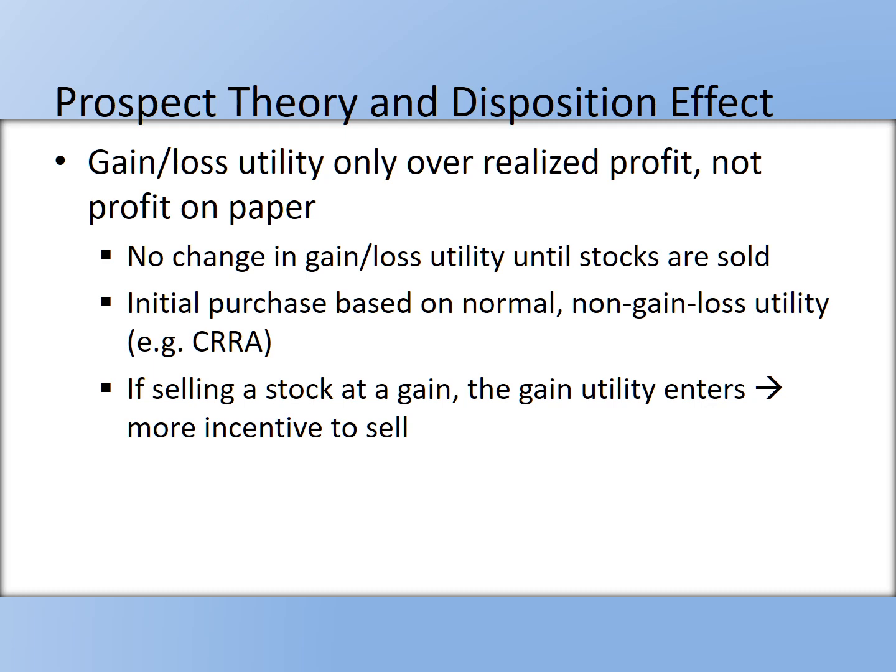That gives you the incentive to sell at a gain, because you have this boost in utility, and you are unwilling to sell at a loss because there's this deduction in utility. So a gain would boost utility, and selling at a loss would lower utility.